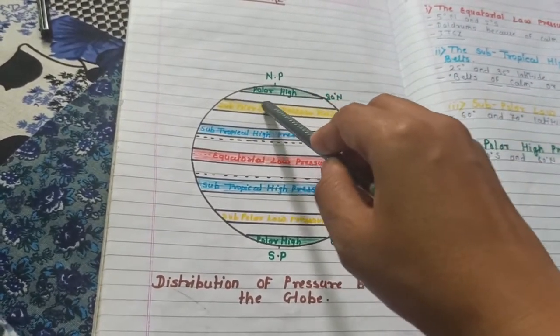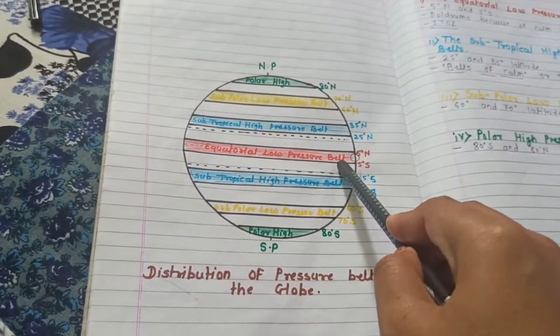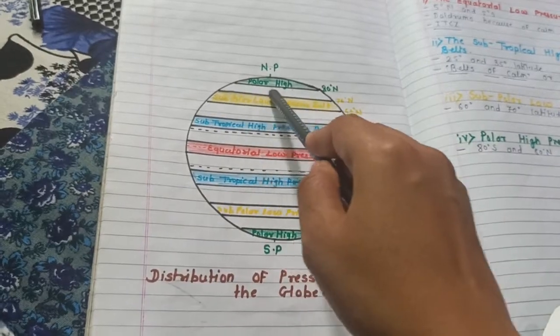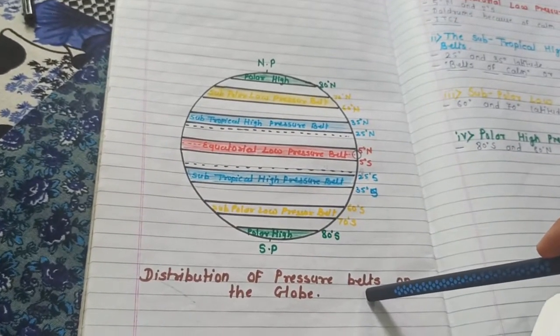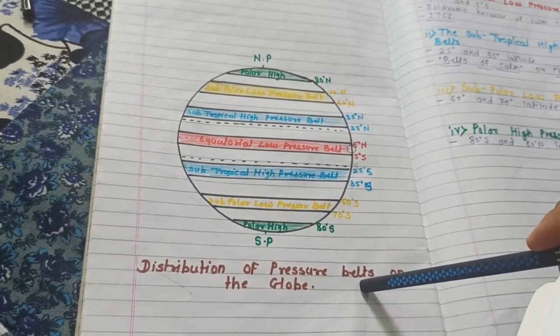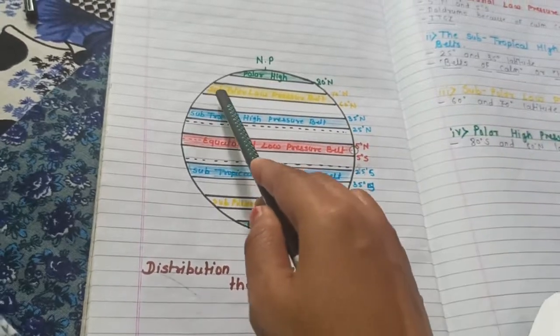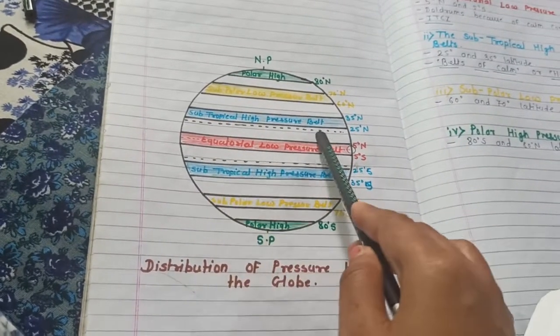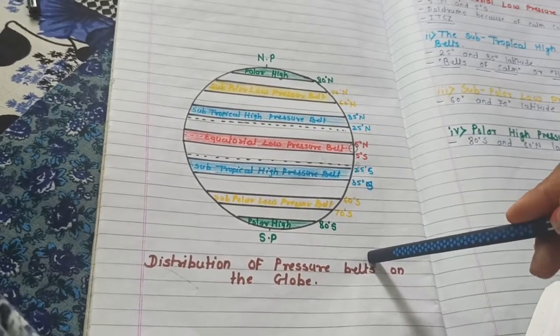There is the highest temperature at the equator and the lowest temperature at the polar high belts. And the subtropical and subpolar belts in both hemispheres are derived due to the earth's rotation.